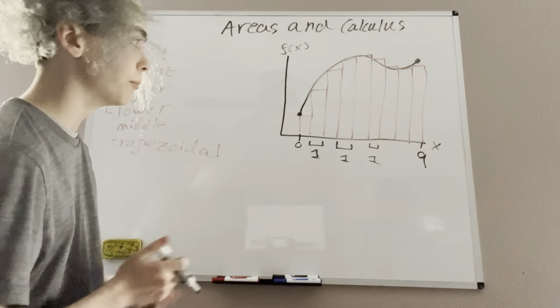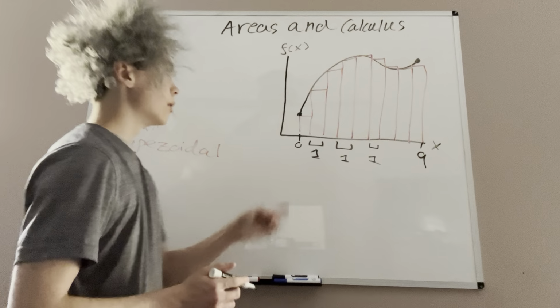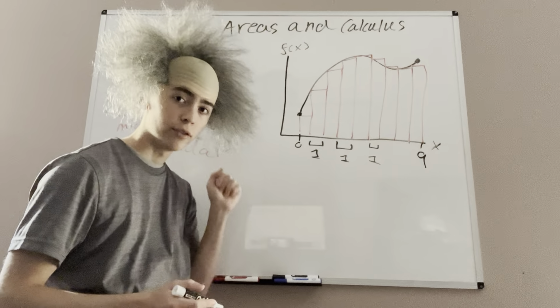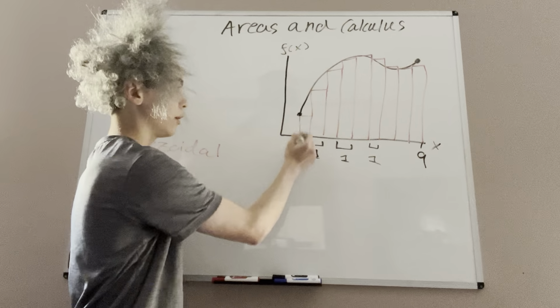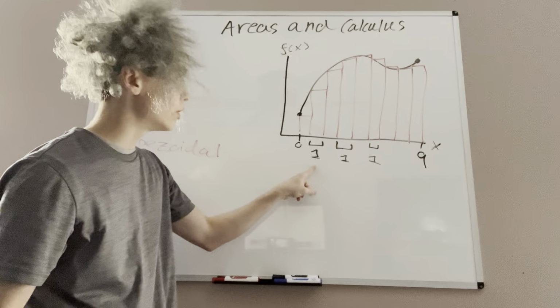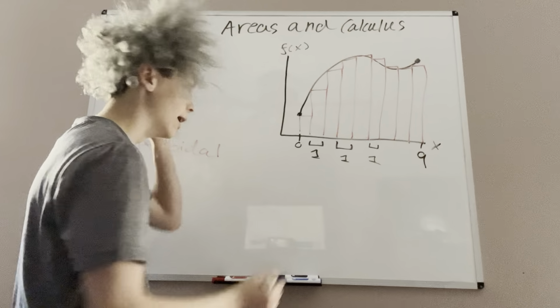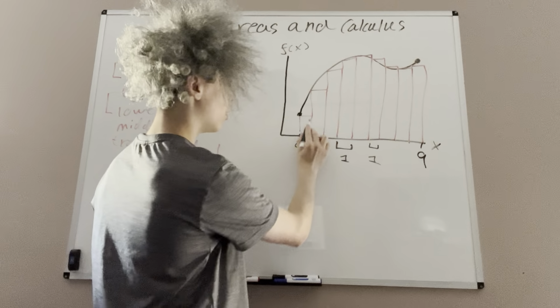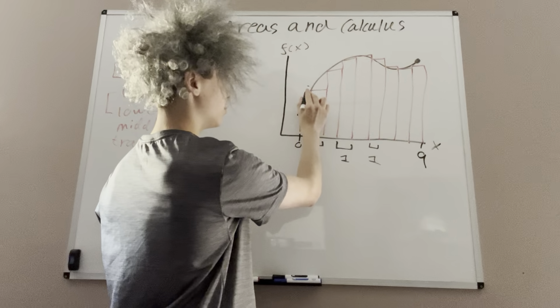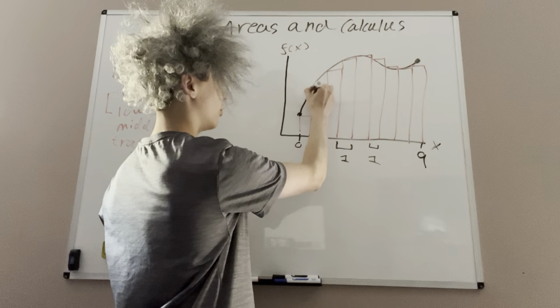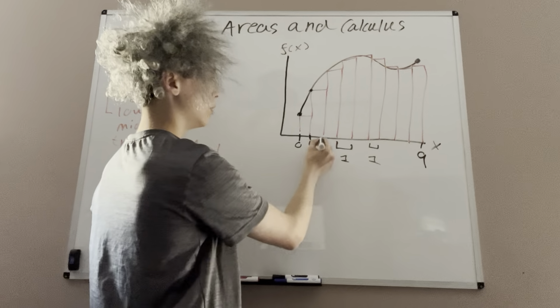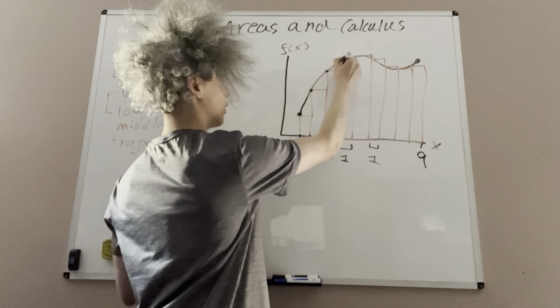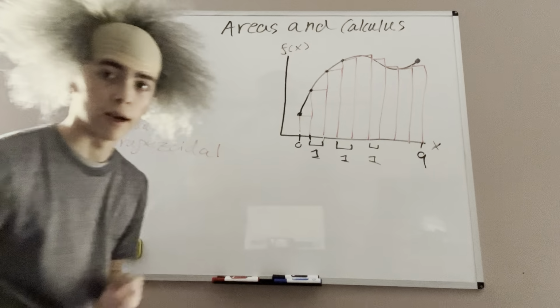We start in the top left, draw our width, and draw our box. Then we go over to the next tick mark, go all the way up to where that input value strikes the function, and start our box there.